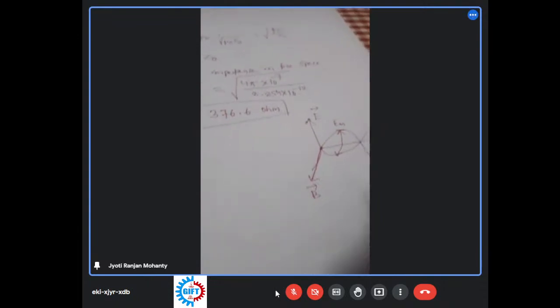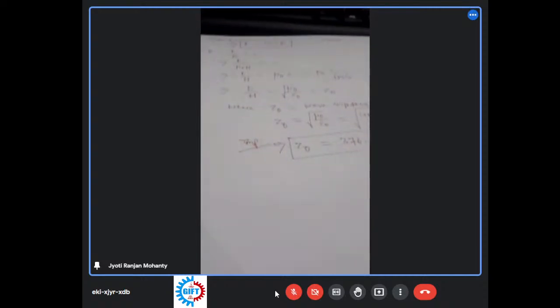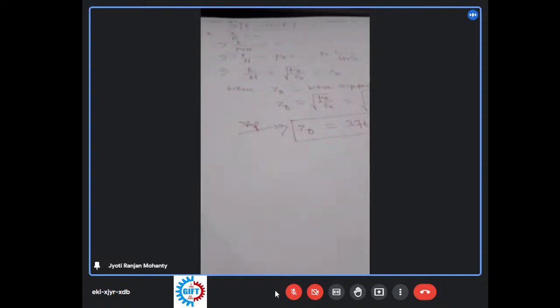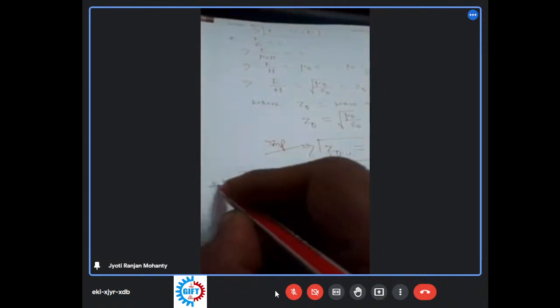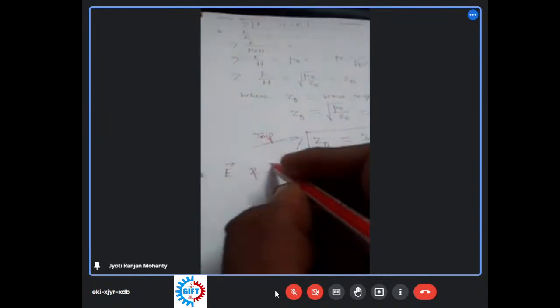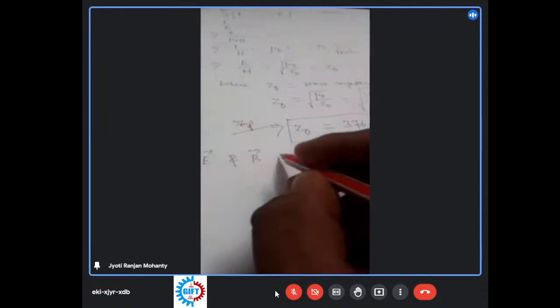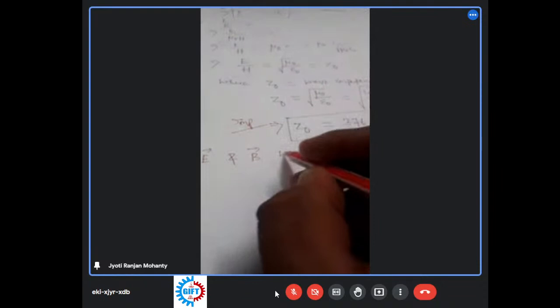Okay, so you can write for short question maybe. So write electric field and magnetic field both are in same phase.